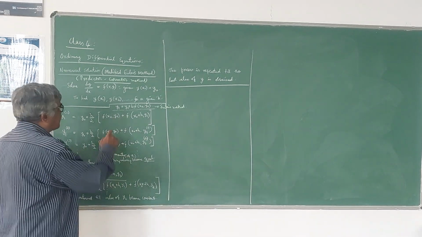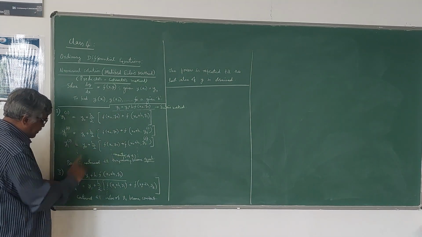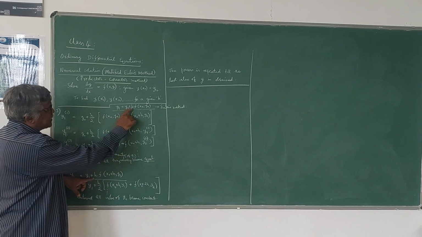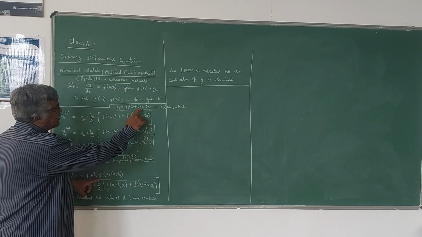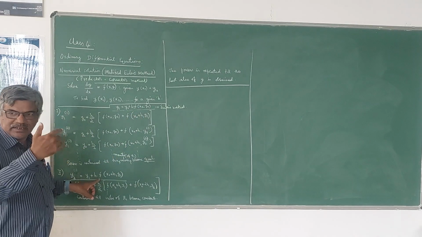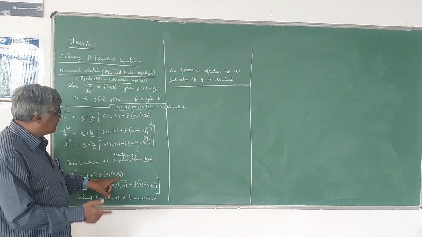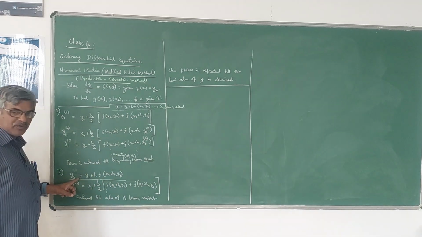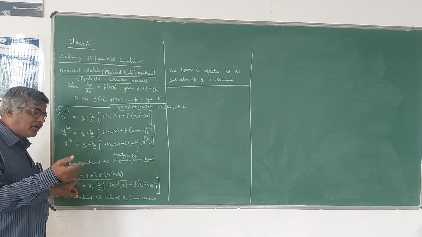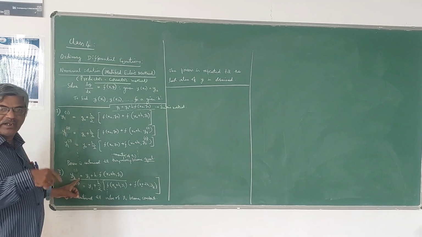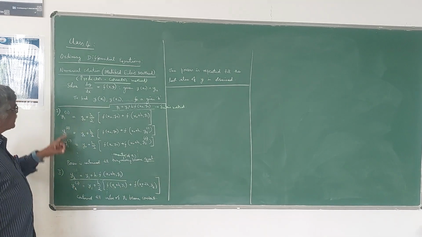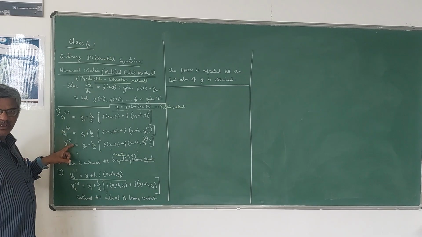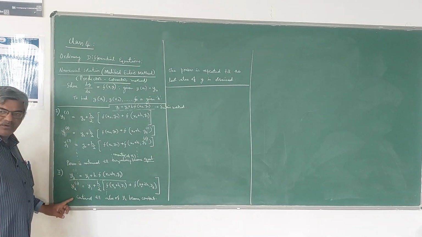So if you observe these two equations, y1 is replaced by y2, y0 is replaced by y1 plus h, which is the same, into f of x0 replaced by x0 plus h because it is at the x1 value. Then y1, whatever we have got here, that value we have to take. Now this is the initial value for y2. If you want to iterate it to get the final or modified value, just like here we have y1 of 1, y1 of 2, y1 of 3, you will get y2 of 1, y2 of 2, y2 of 3.